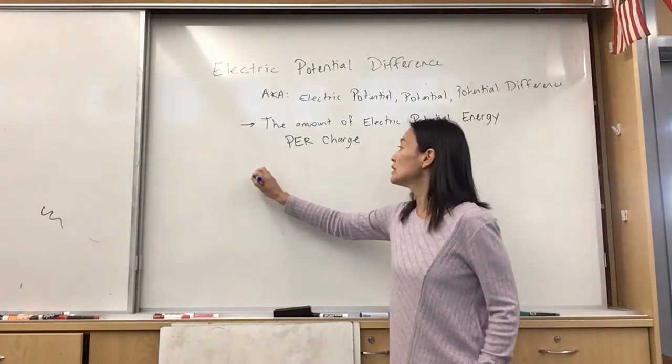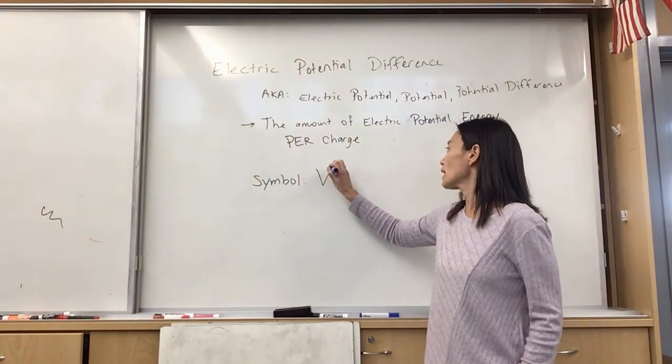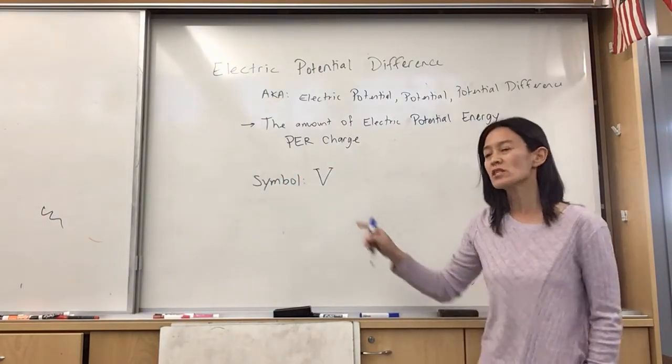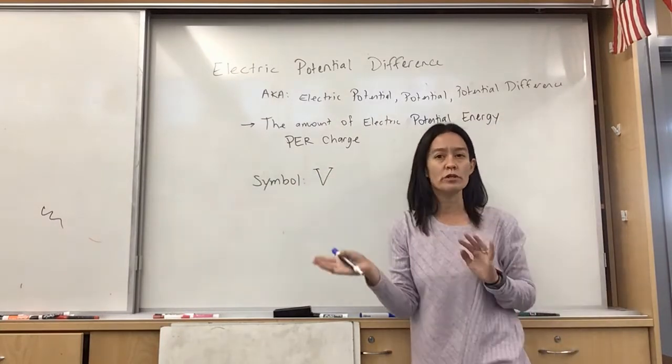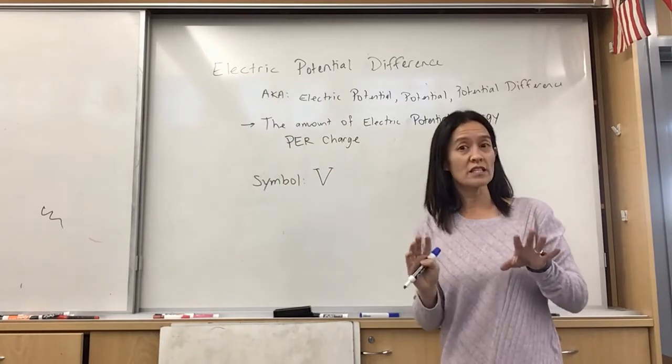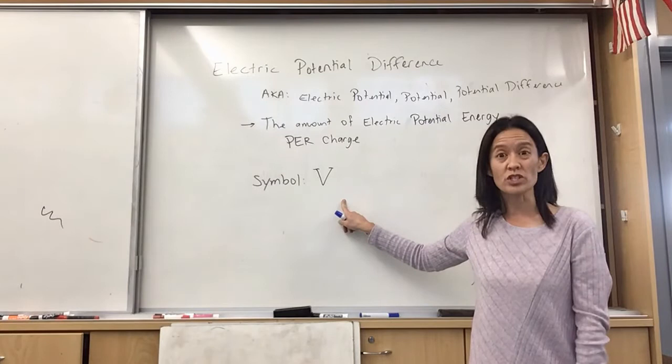Its symbol is a capital V, and oftentimes you'll see me make the big V with little caps on so you know there's a difference between this and velocity. Another name for this is voltage, because that's the unit for it.